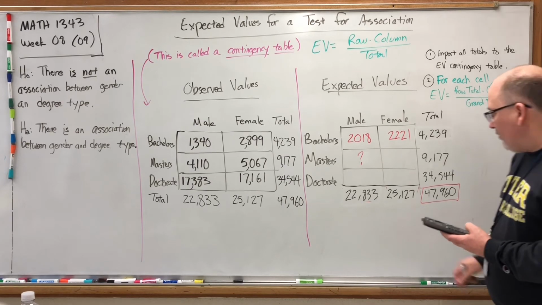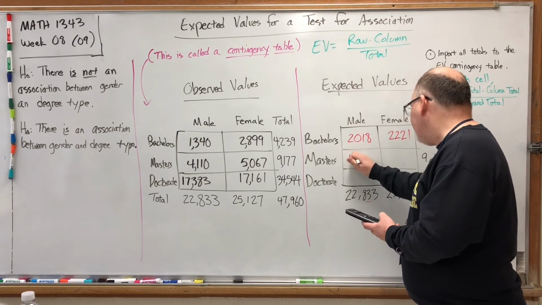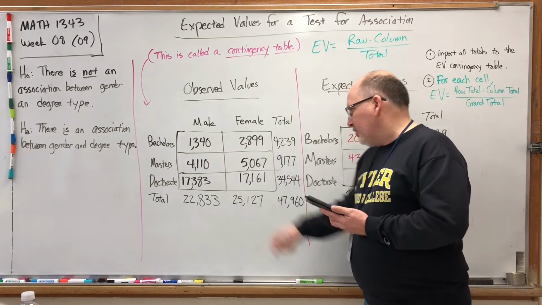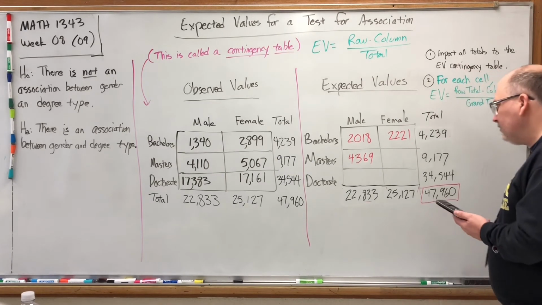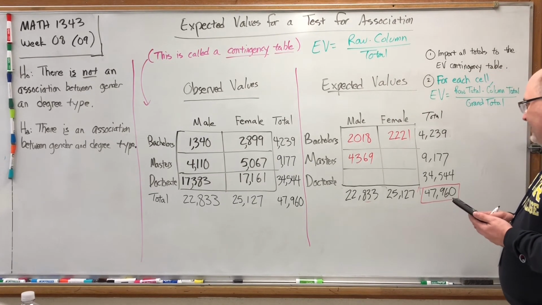To the nearest whole number is 4,369, which is a little bit more than what we observed. Actually, it's a lot more. When we calculate the test statistic in the next video, we'll see how impactful that is.